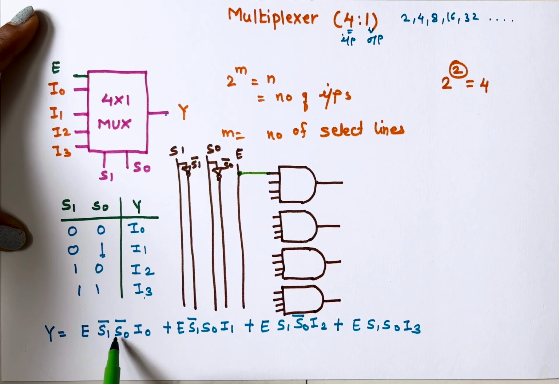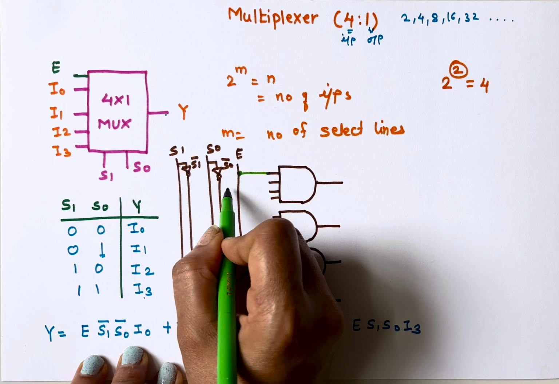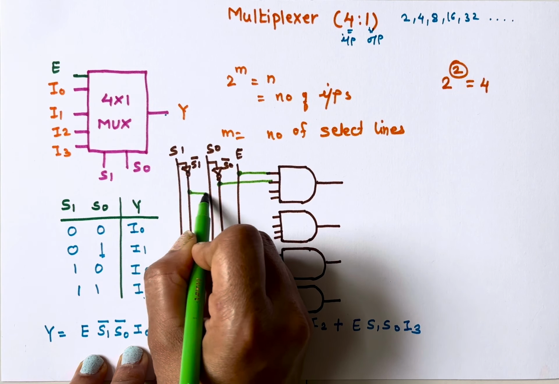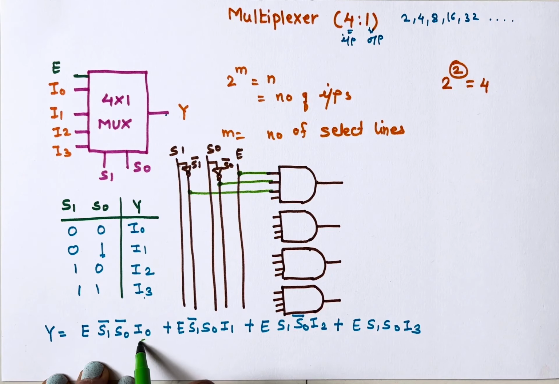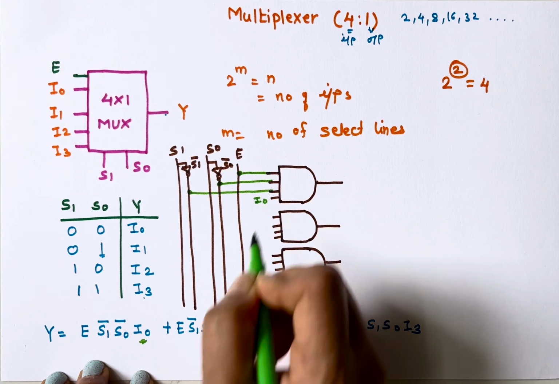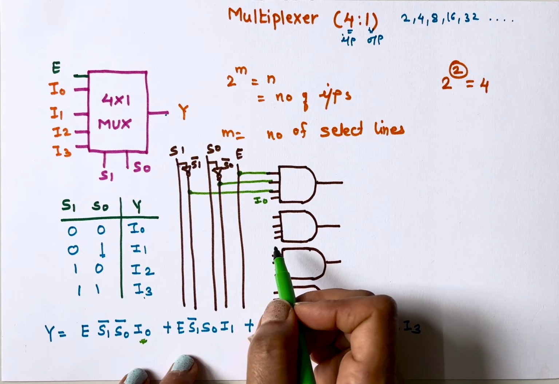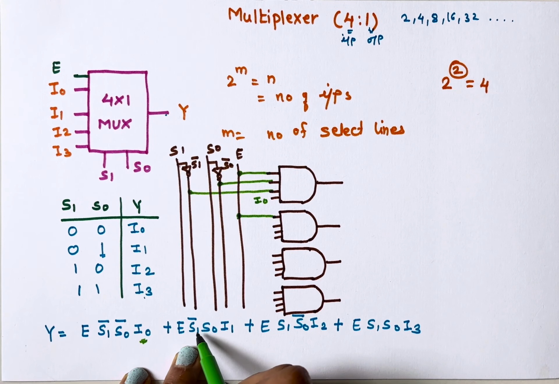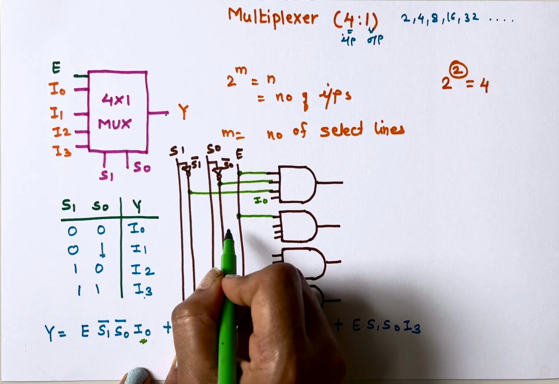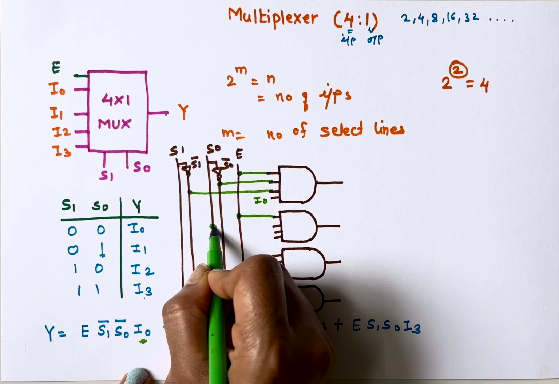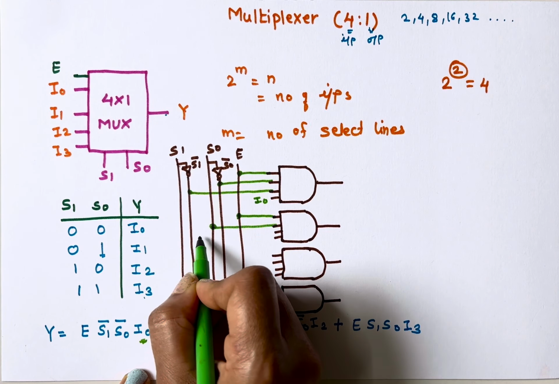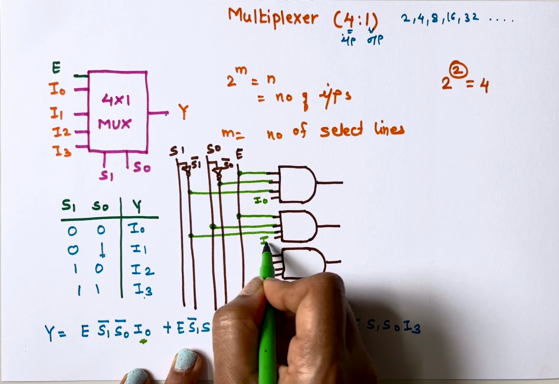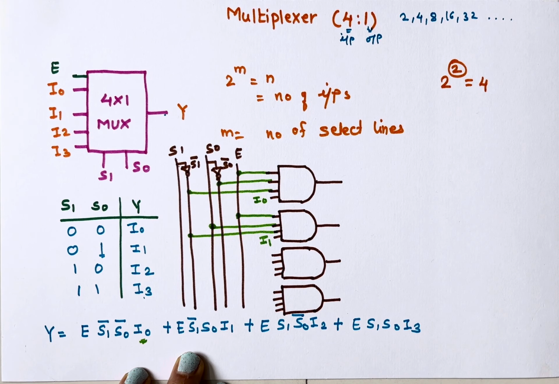Next is S1 bar, S0 bar, and then the input is I0. Next is enable. Here a dot indicates a connection. Then S0 and S1 bar, and here input I1 is connected.